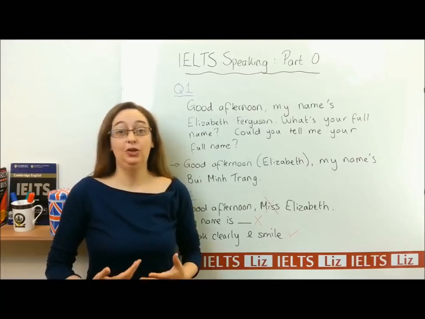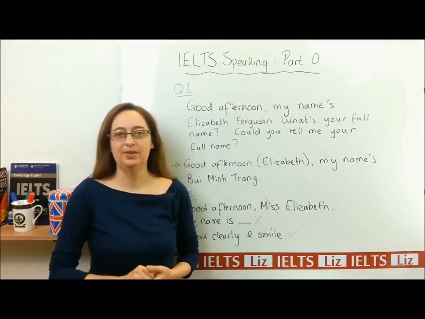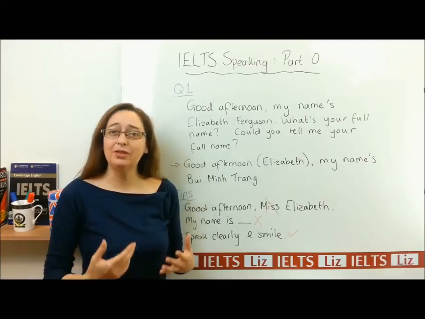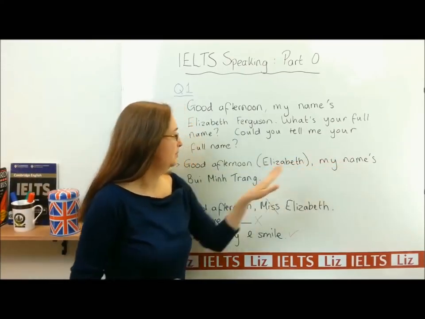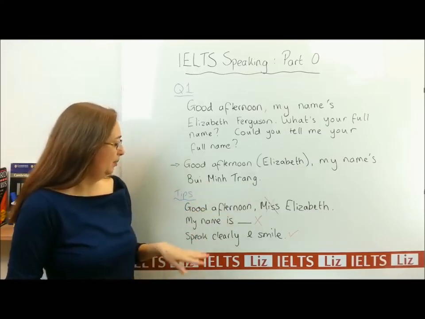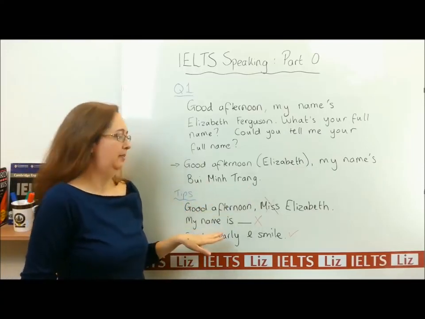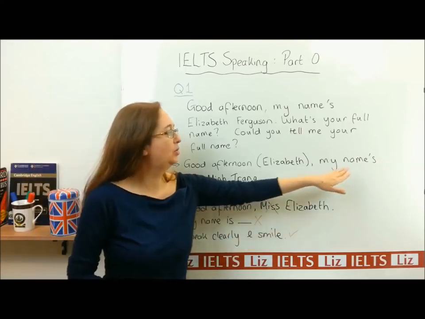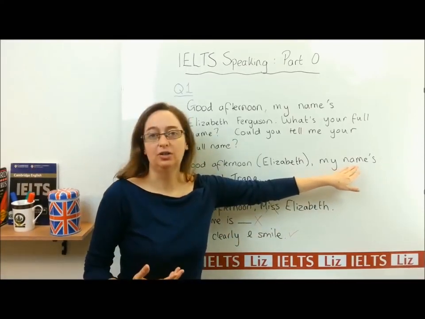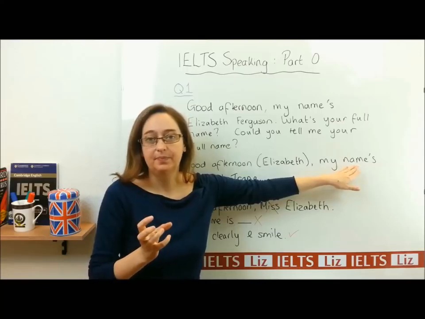Now, when you give your name, there are 2 tips I want you to remember. The first tip is when you say, "My name's Bui Ming Chang," please don't say, "My name is Bui Ming Chang." I want you to use the contraction, "my name's."